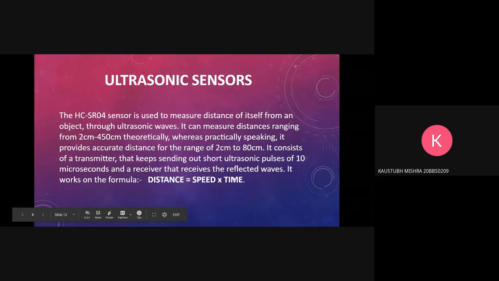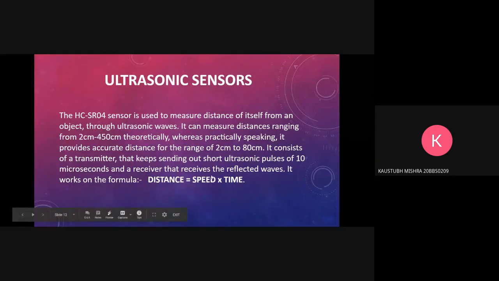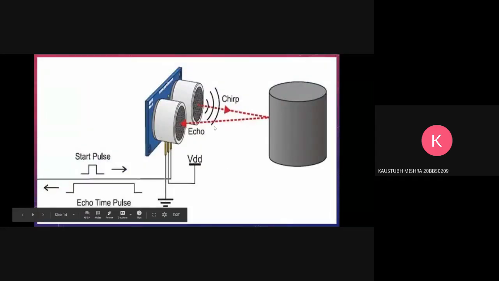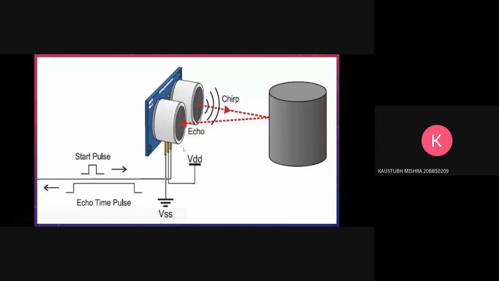All we need to do is calculate the time taken by the ultrasonic waves to go out of the transmitter, get reflected, and then be received by the receiver, and that will give us the distance. If we multiply speed into time, that will give us 2 times the distance, since the ultrasonic waves are traveling this distance twice in that time period. But a simple division by 2 will give us the accurate distance of the ultrasonic sensor and the object.